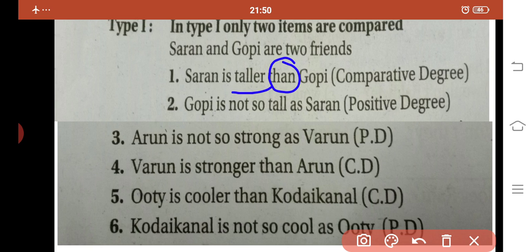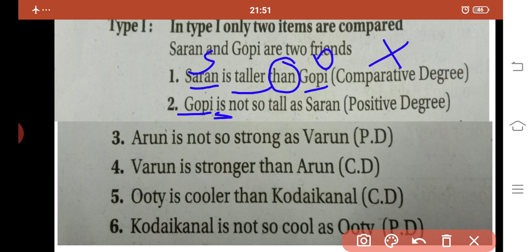Now when we change it into positive degree, we have to find the subject and object in the sentence first. Here Saran is the subject and Gopi is the object. First you bring the word Gopi to the front of the sentence, then put the verb here, is. Then we have to check whether the sentence is affirmative or negative. This sentence is affirmative, so there is no not.